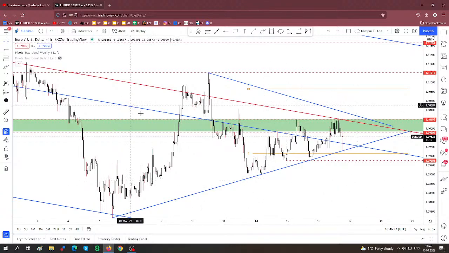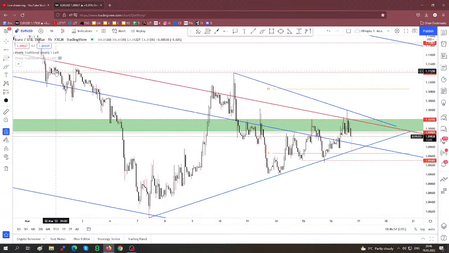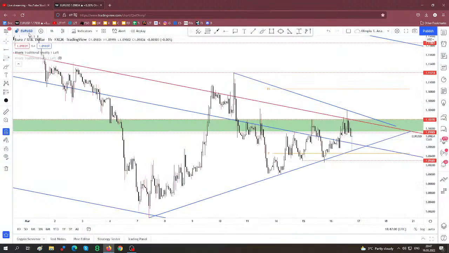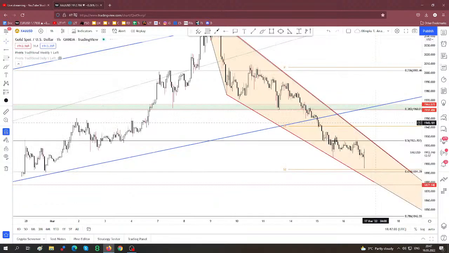So yeah, high volatility, sharp movements. We don't have something really good right now. We'll have to wait. Also gold rallied right now.